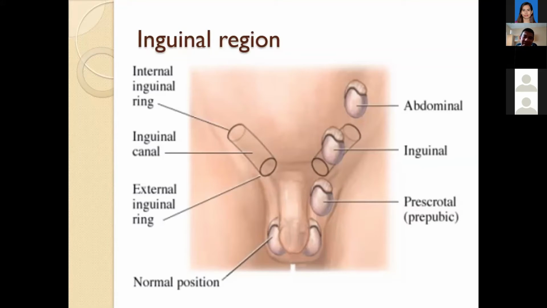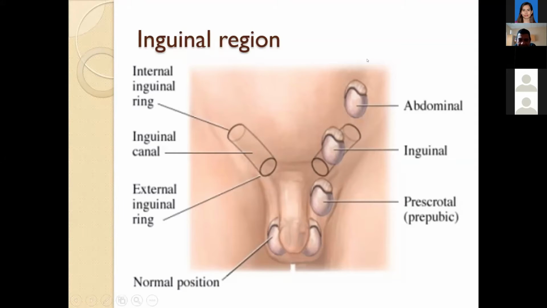For an undescended testis, the location is along the same line of testicular descent, whereas an ectopic testis is outside the line of testicular descent, so it can be anywhere. It can be at the root of the penis, in the abdomen, in the femoral triangle, or any part of the abdomen. It is away from the line of descent of the testis.